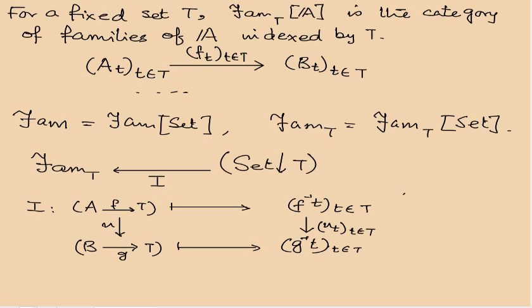And what is u_t? This is the morphism from f inverse of t to g inverse of t, going inverse. That's exactly the commutativity condition which forces this. So this is the functor.